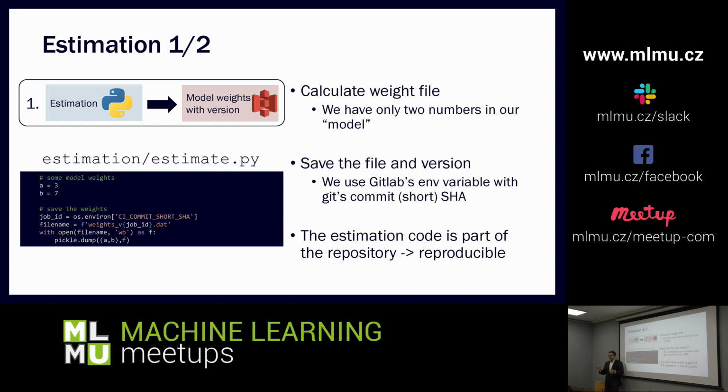storage. Now the important thing is that the guy or the girl who does the model, they do not save the weights manually. The important thing is that they prepare the recipe, how to do it, and then they let the pipelines, I'm using GitLab pipelines for this presentation, do the calculation. So that's why you check two things.